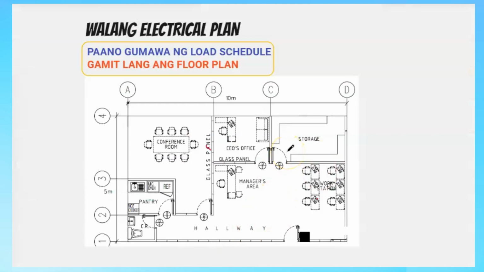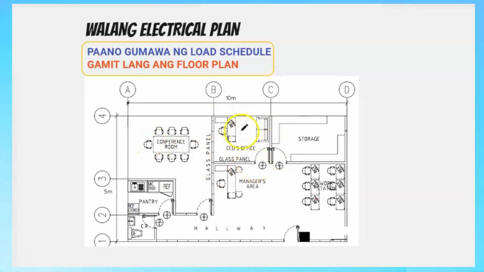From this, actually you can't really see any electrical or mechanical loads or layout. But then, assume that the building is under a tenant. And then, assume again that the aircon to be used is a ceiling cassette with ductwork only.